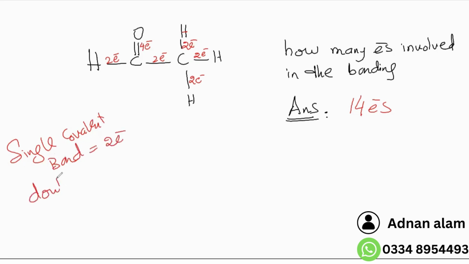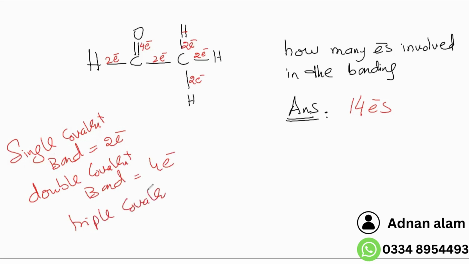How many electrons does a double covalent bond have? A double covalent bond has 4 electrons, okay? And a triple covalent bond has 6 electrons. Right? Any confusion, beta? No, sir.